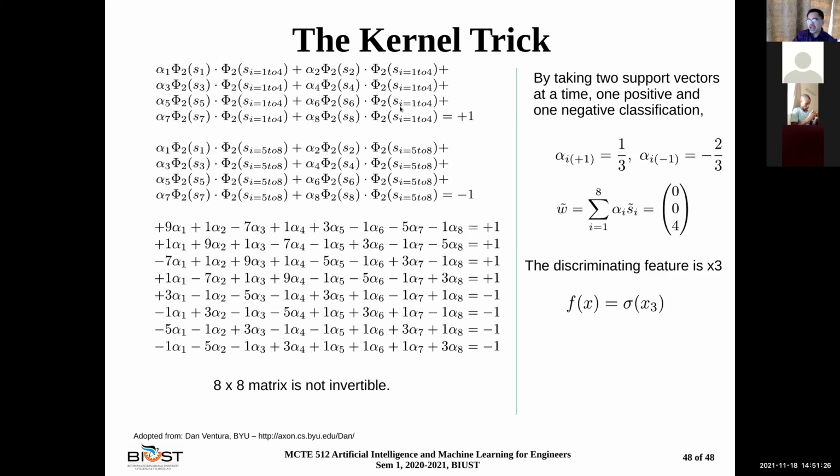And so we made these equations for the positive classification, that means S1, S2, S3, and S4. For the negative classification, you have S5, S6, S7, and S8.